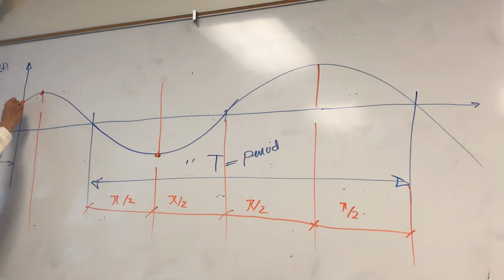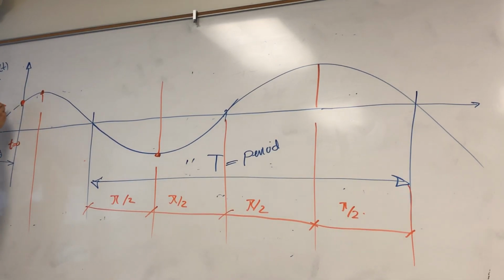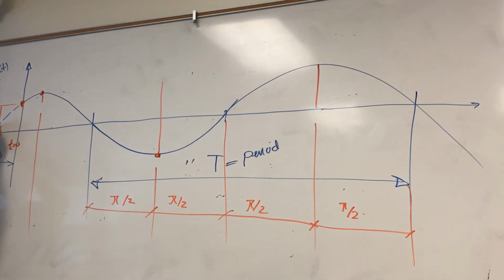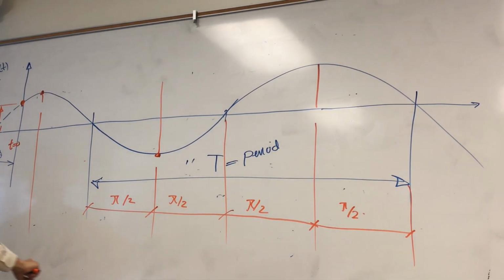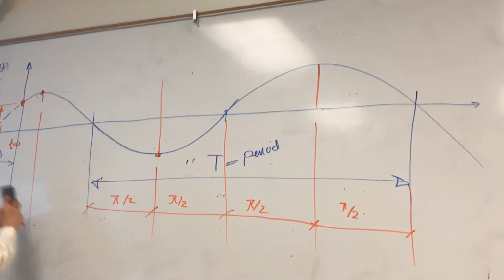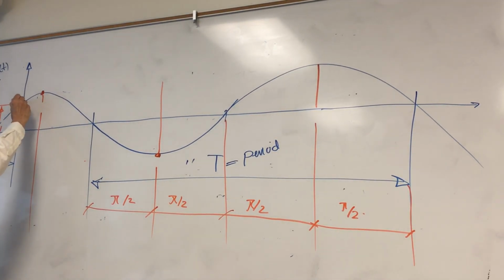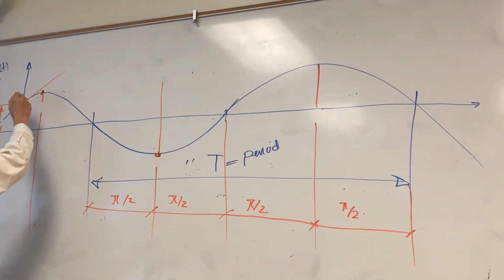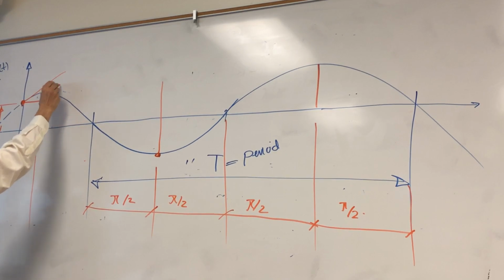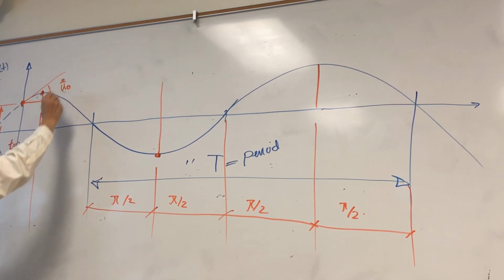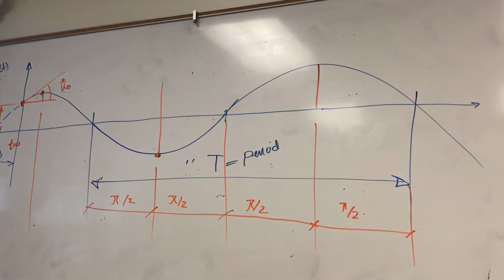So at this point is where you have t equal to 0. So this is the initial displacement, and this is the slope of this curve, the derivative of this curve. This represents the initial velocity, right?